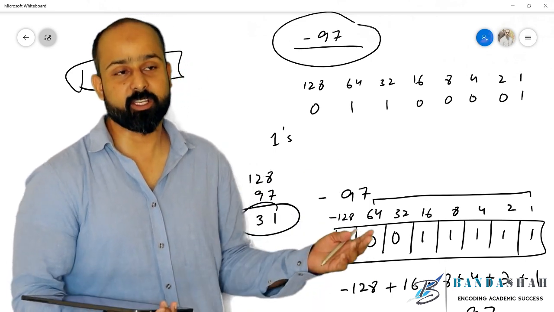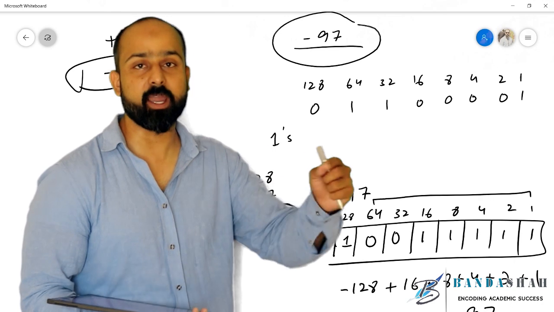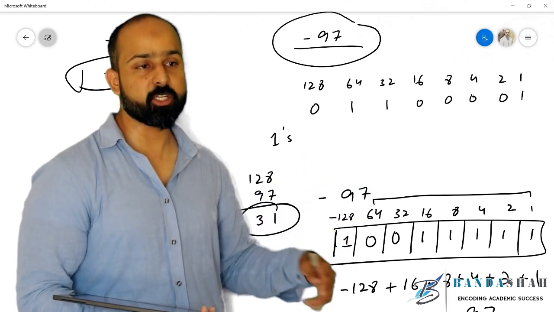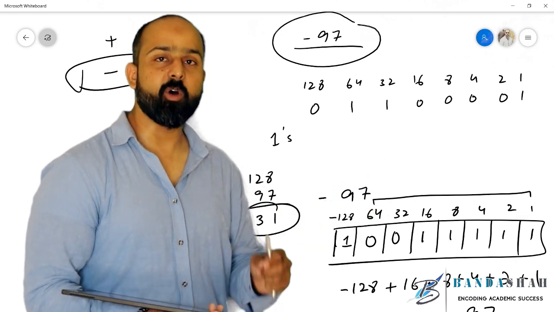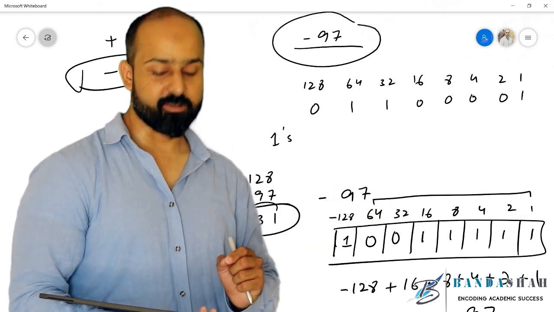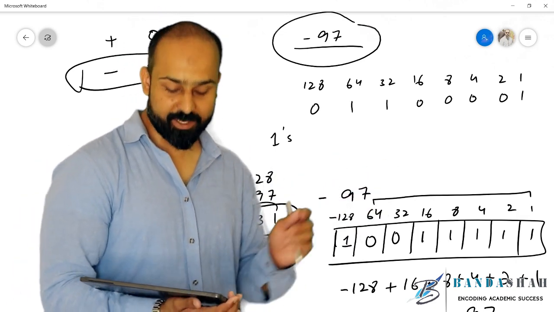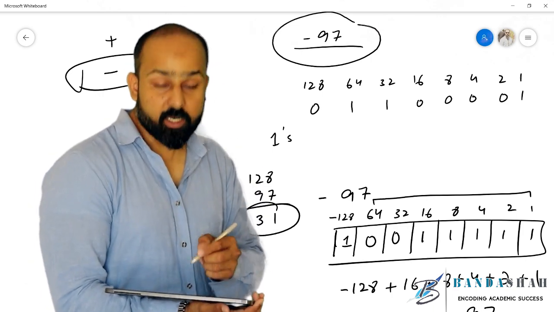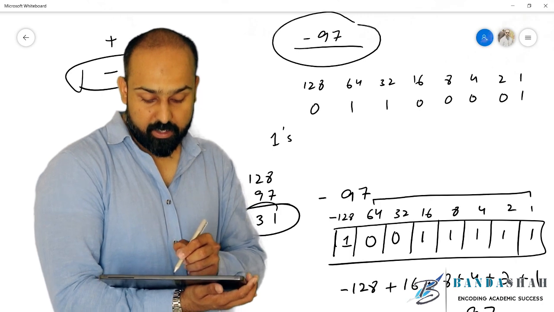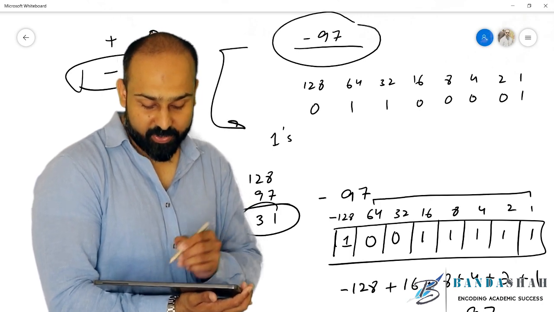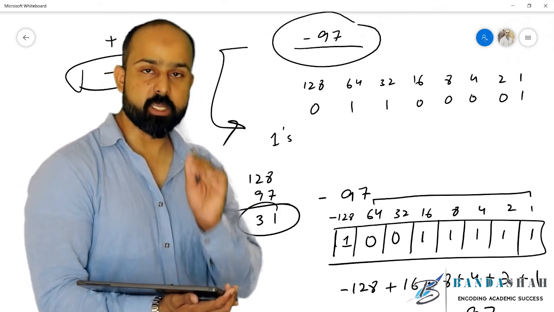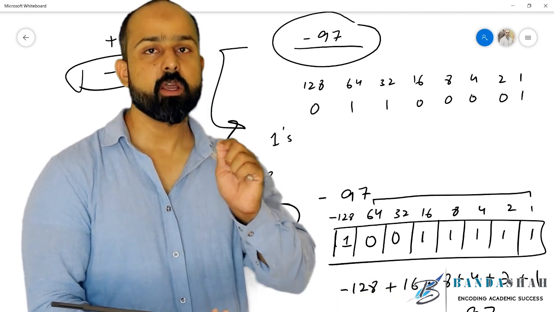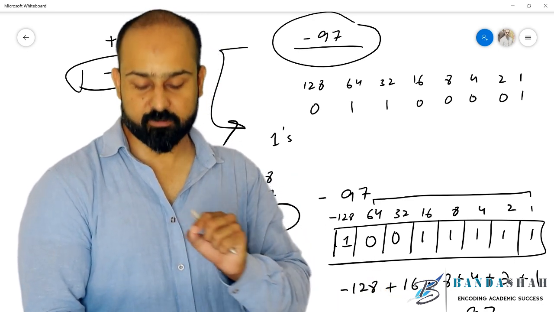Just like everything goes binary ones and zeros in computers, whether multiplication, subtraction or division, at the very end only addition happens. This is something deep, but right now I just want you to know how to represent a negative number in method number 2: take the positive number first. For example, for minus 97, first find the positive plus 97.